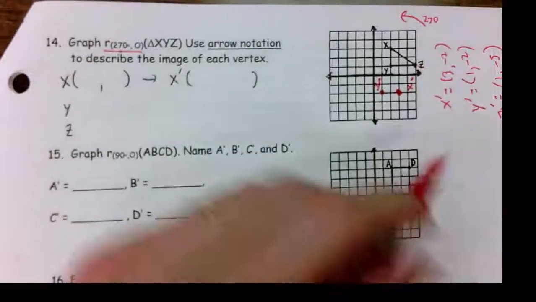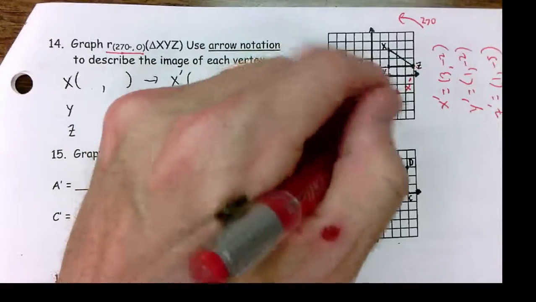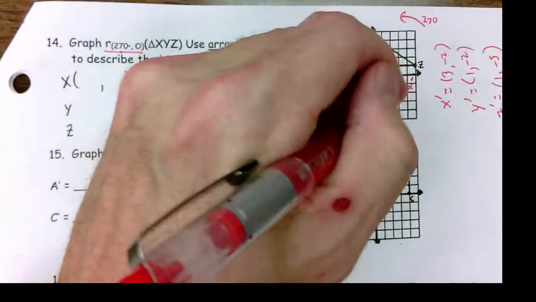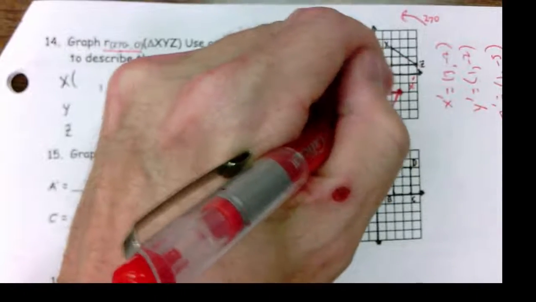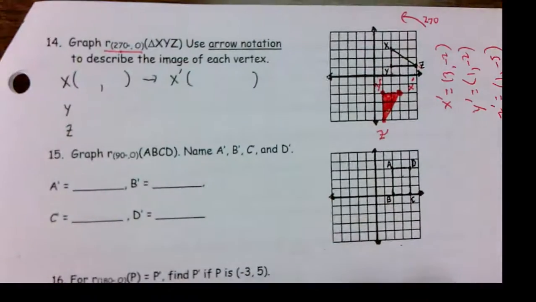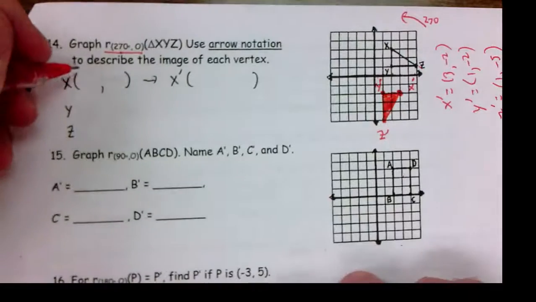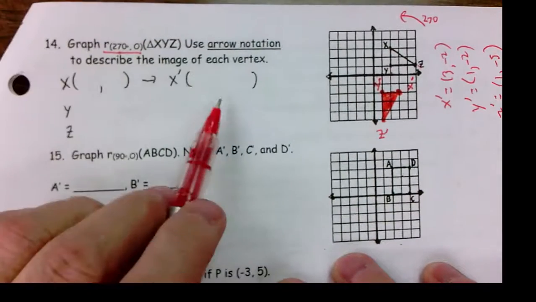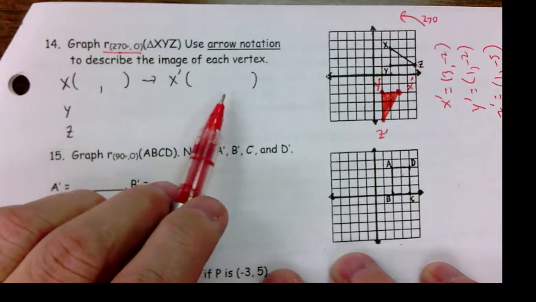And z prime is at 1, -5. And I can go ahead and reconnect that and maybe shade it in. And then I can go ahead and name the pre-image ordered pairs and the image ordered pairs.